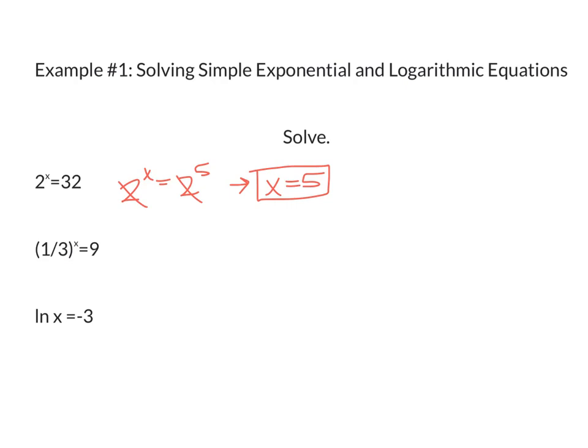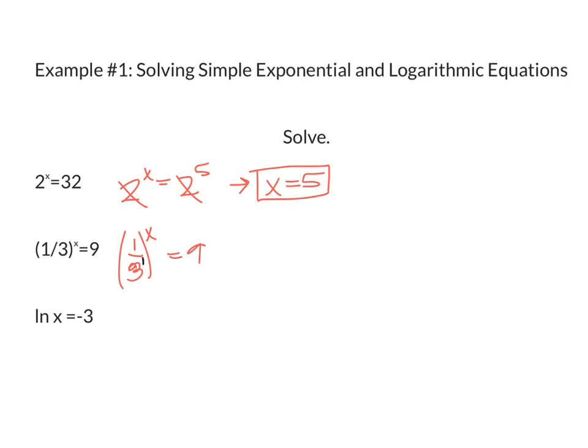Okay? If I have 1/3 to the x equals 9, again, we want to get them to have a common base. Even though 1/3 is a fraction, I know that 1/3 has an exponent, and let me write it vertically. So that's 1/3 to the x equals 9. This 3 is really to the first power, right?